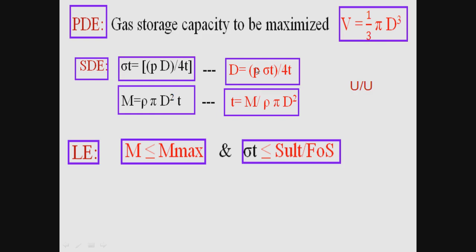Here you can see D is there. If you want to substitute the secondary equations in the primary equation, we have to form them in terms of D. You can simplify this in terms of D, and you are going to get an equation in terms of T, and you can substitute T here.